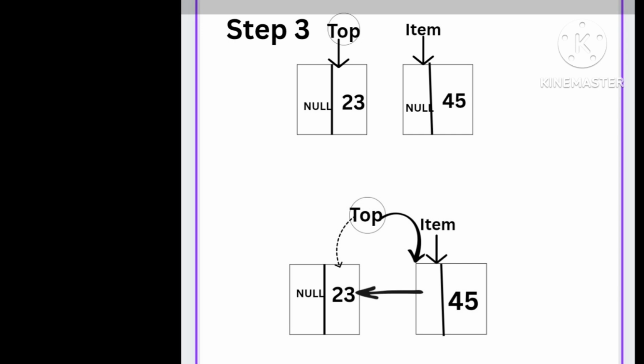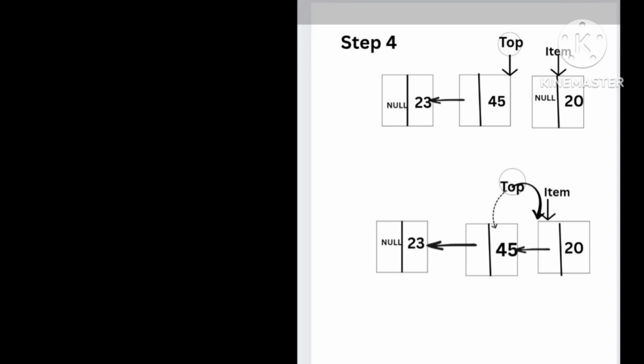So the item node 45 is now linked to the stack, and the top pointer will now point to the item node 45. In this way, other nodes can be inserted onto the stack.